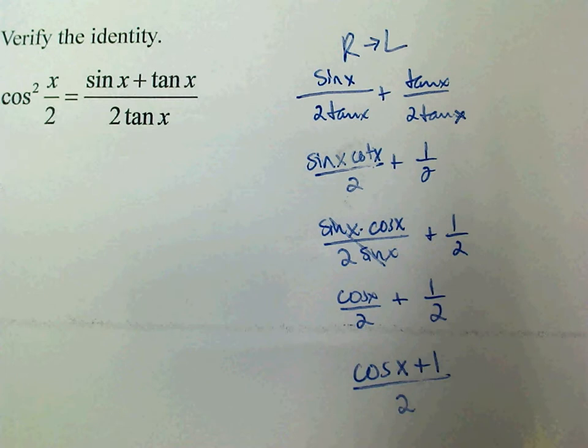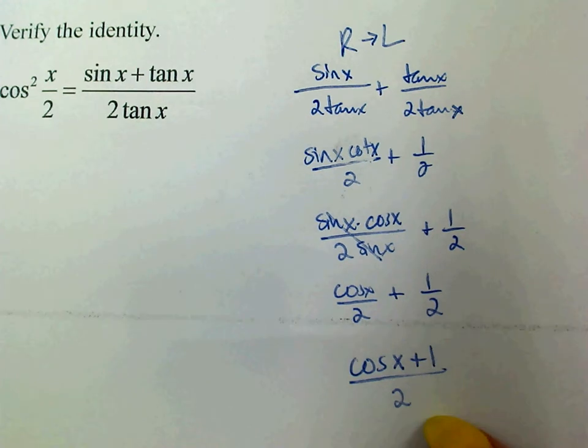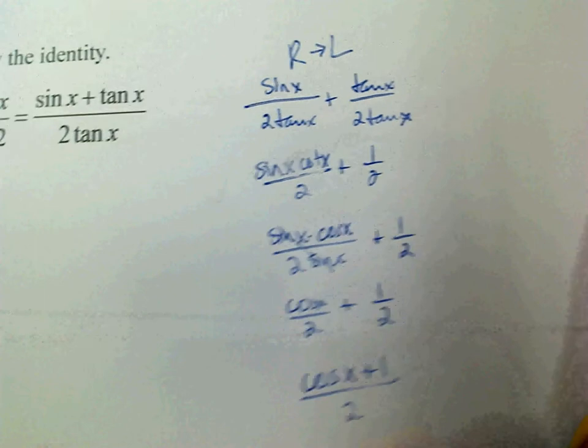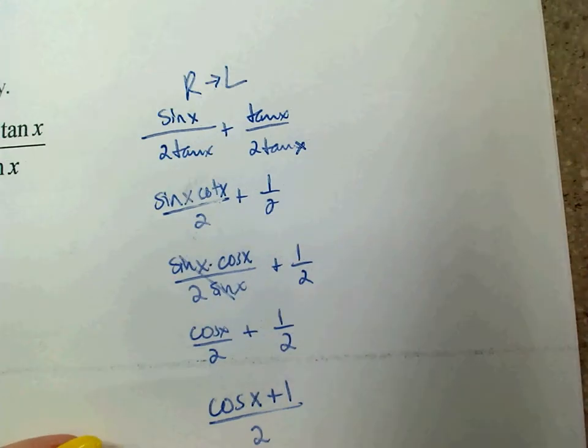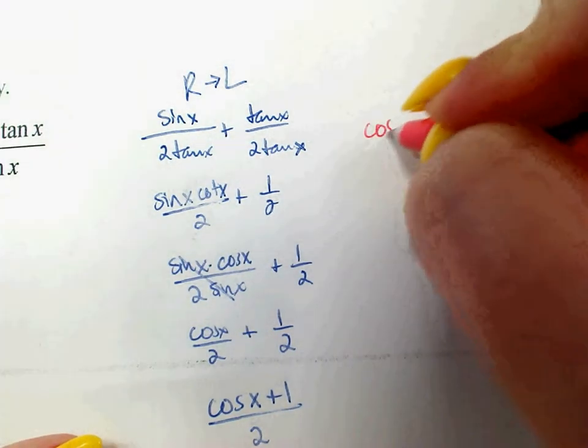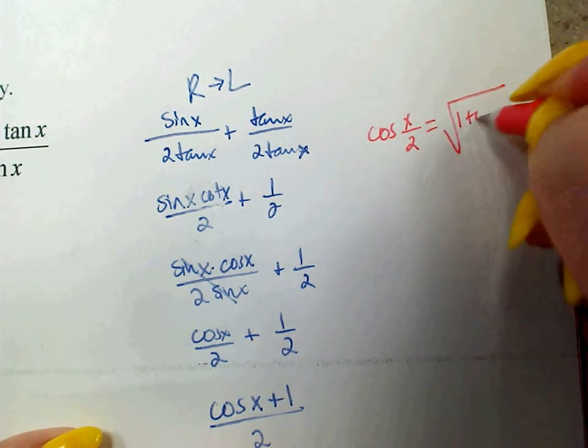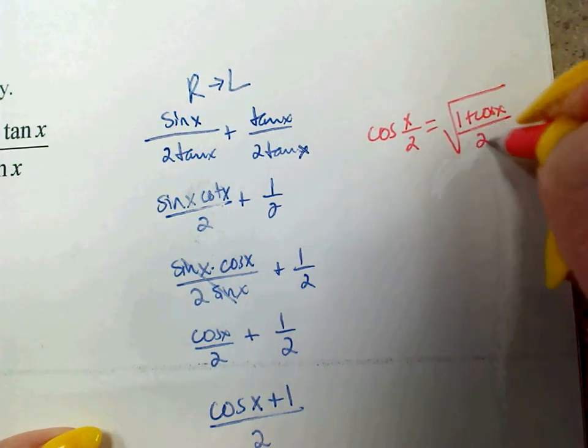Oh, yeah, okay. Sorry, I'm going to think that out with you over here. If cosine of x divided by 2 equals the square root of 1 plus cosine divided by 2, then cosine squared equals just 1 plus cosine of x divided by 2.